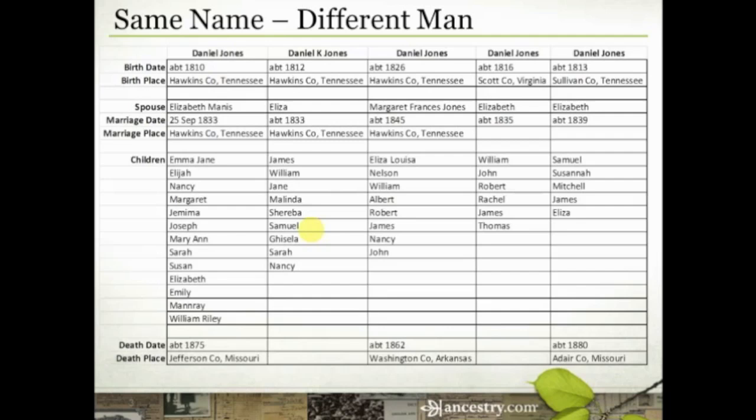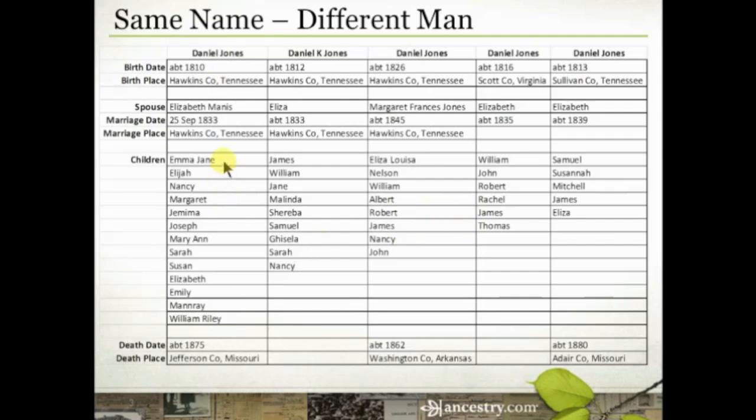That happened far more than you might think it did, particularly in some of these close-knit families who lived in isolated areas, who migrated together from different parts of the country into places like Missouri and Arkansas and Alabama, okay?